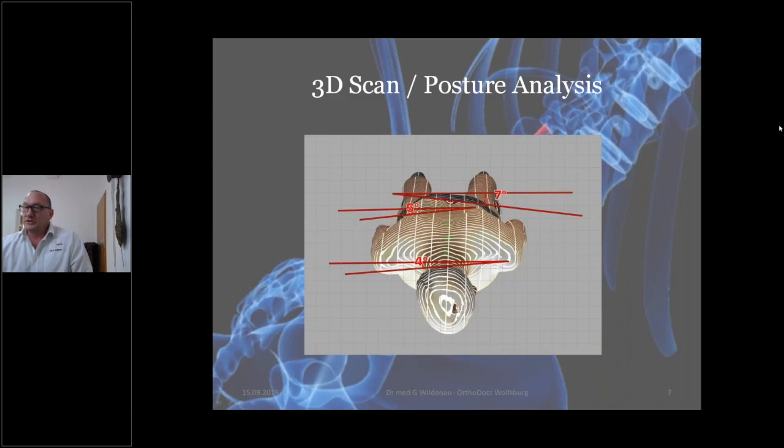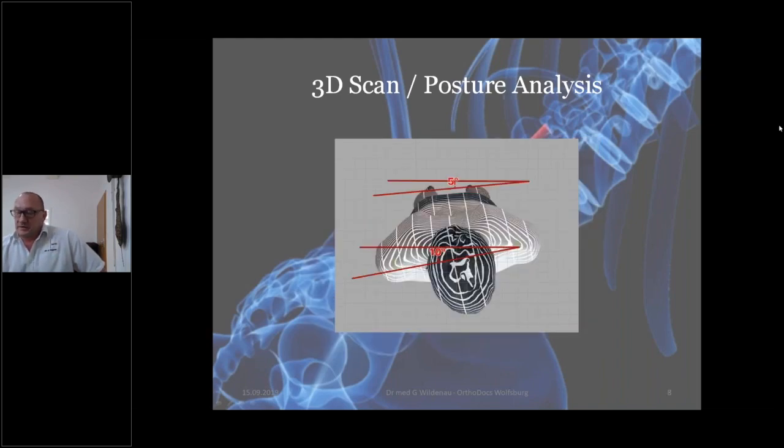We see if there are any torsions, which structures are involved, where we have the primary lesion in the body, where's the secondary pattern that's then transmitted all over the body. As you can see, the 3-dimensional scan is a very useful tool. We can take a human being and reduce him to 12 centimeters, go on top of him and measure angles and get a deeper understanding of what is actually wrong with this person.